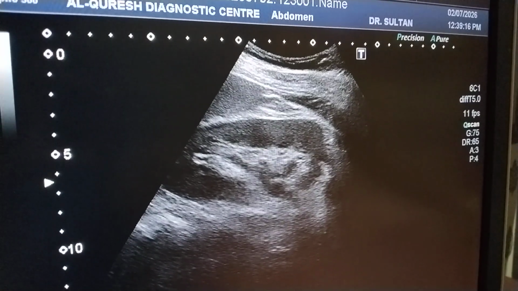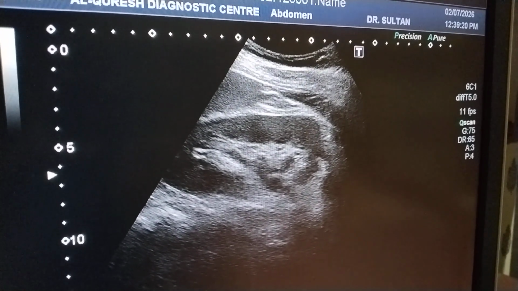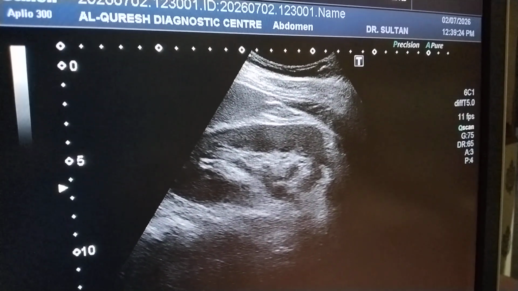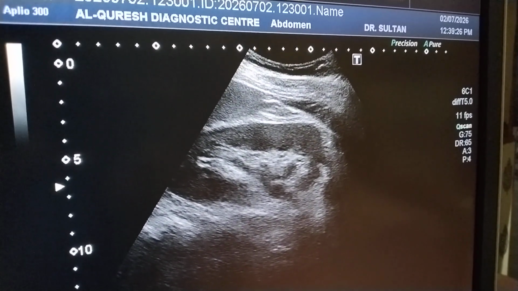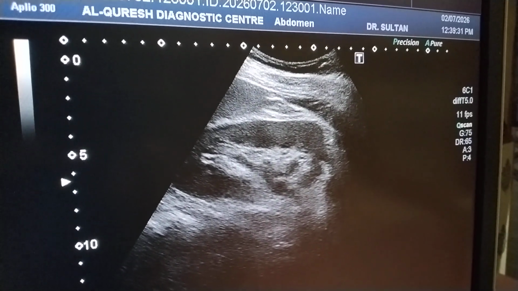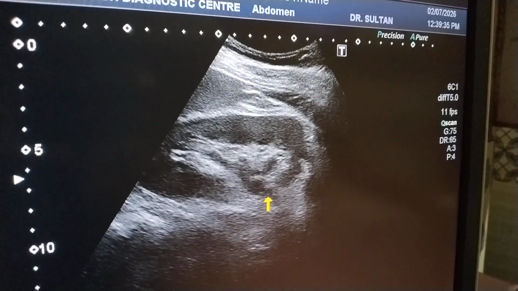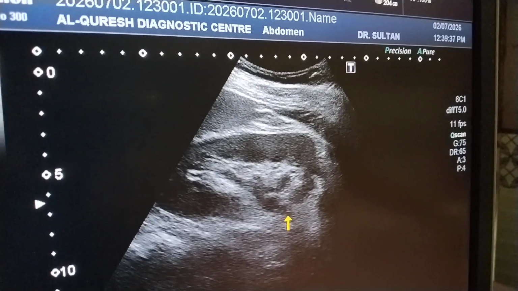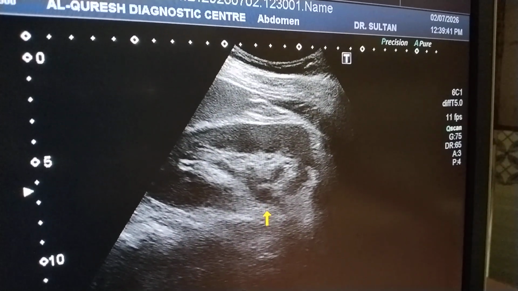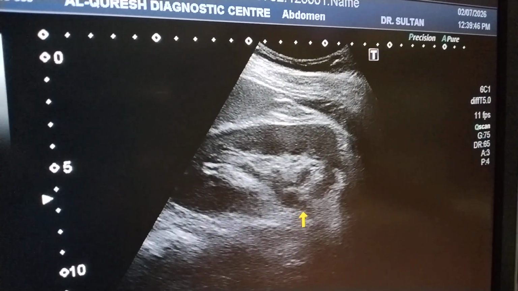Drag the probe only a few millimeters, and sometimes we can also appreciate the PUJ in the same location as we are looking at the kidney. So this is the renal pelvis, and this is the ureter coming outward from the kidney. It is located at the medial aspect of the kidney, and then it passes downward.